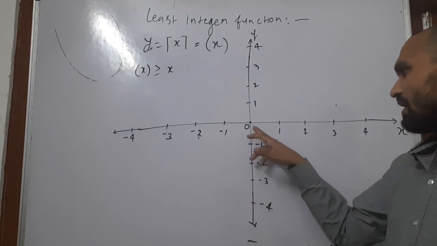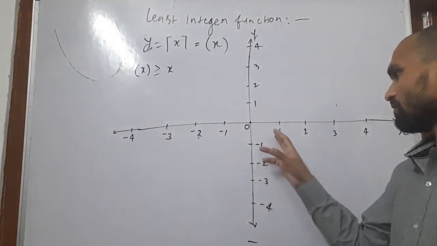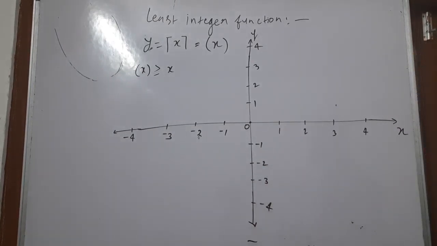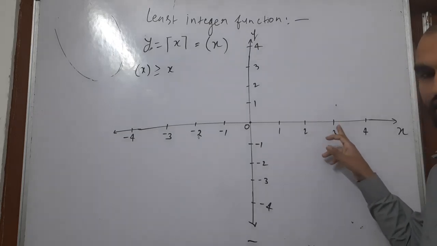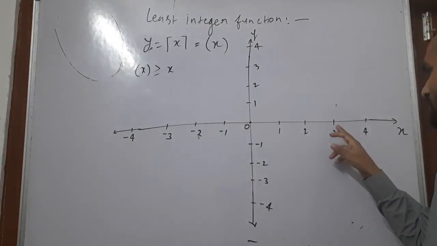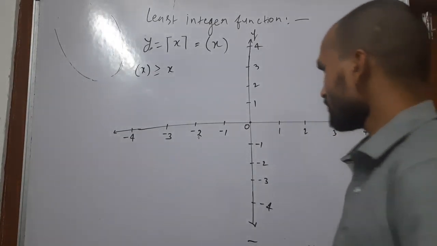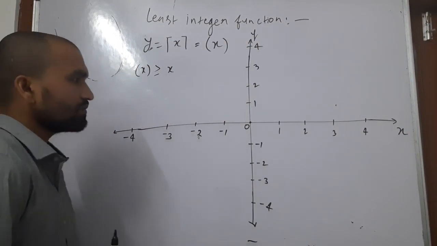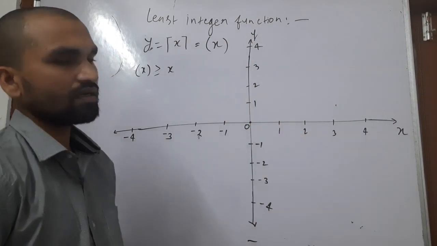If we take any number between 0 and 1, then its least integer will be 1. If any number between 1 and 2, then its least integer will be 2. Similarly, between 2 and 3, the least integer is 3. Between 3 and 4, the least integer value will be 4. So before drawing the graph, we should assume the numbers as per these intervals.